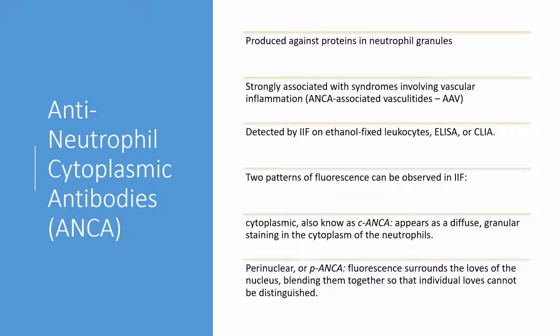And again, as was mentioned, these are anti-neutrophilic cytoplasmic antibodies, and they are directed against cytoplasmic granules within the granulocyte. Same kind of story here as the ANA, as we can detect it by immunofluorescence on a slide of the leukocytes.